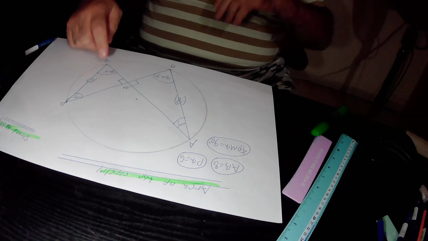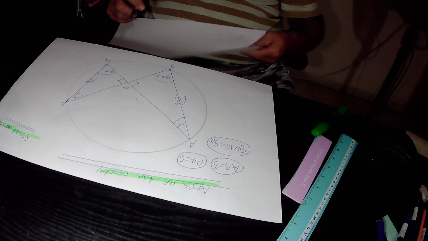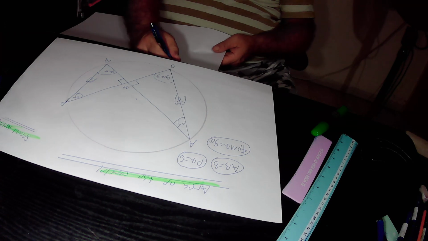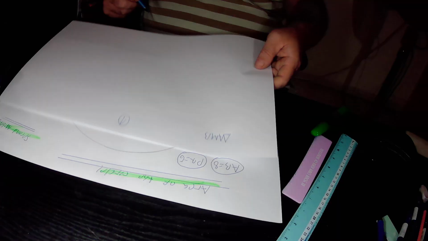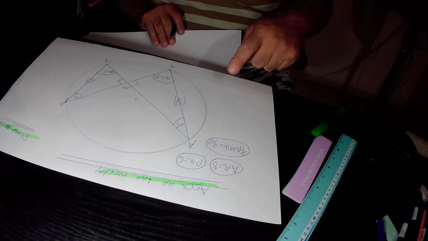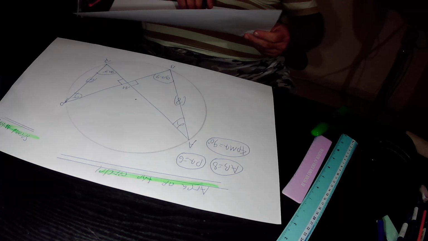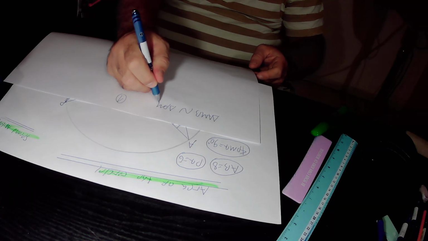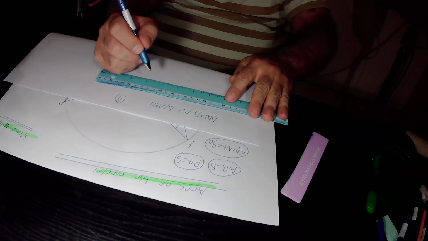So write it down. We found out that the right triangle AMB is similar, this is the sign of similar, to the right triangle PMQ, according to the angle similarity rule.